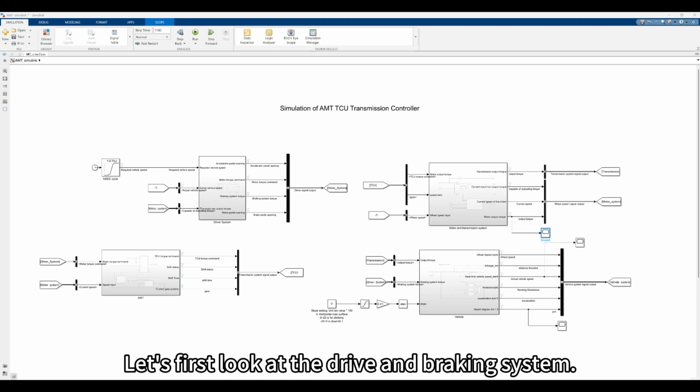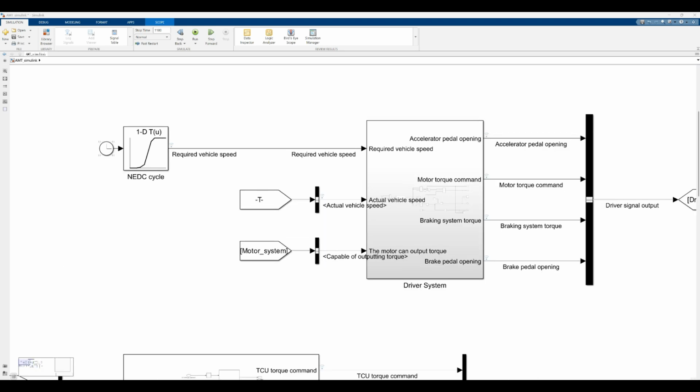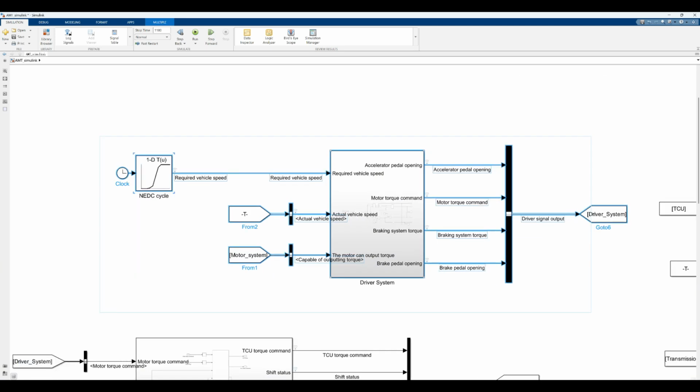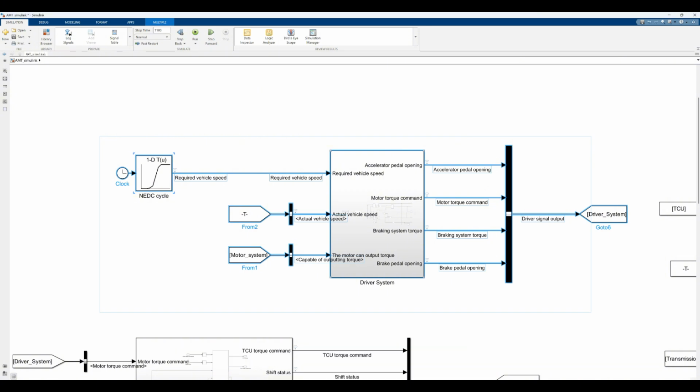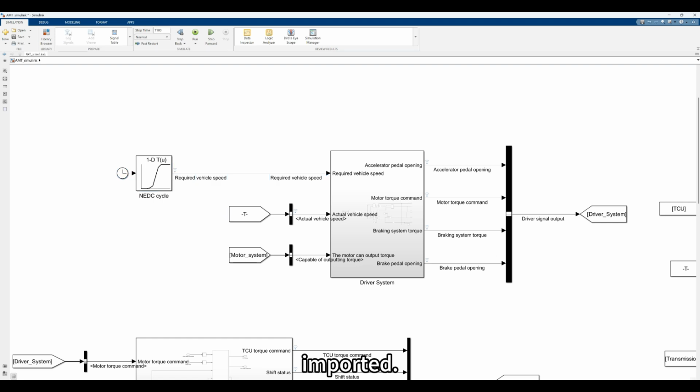Let's first look at the drive and braking system. This system is based on the actual vehicle speed and the required speed. The required speed is imported through our working conditions.